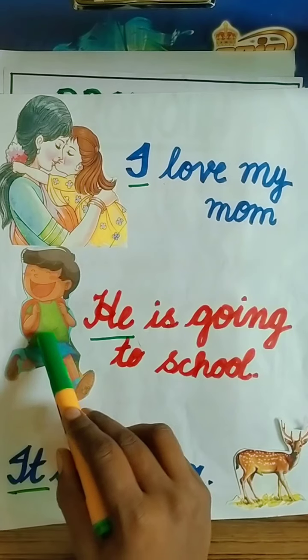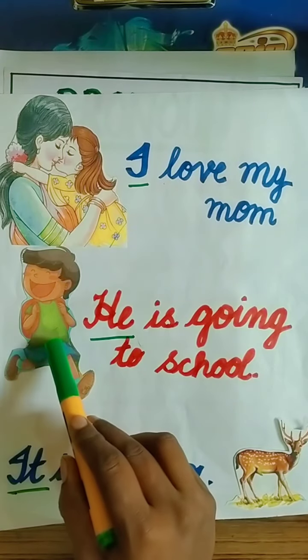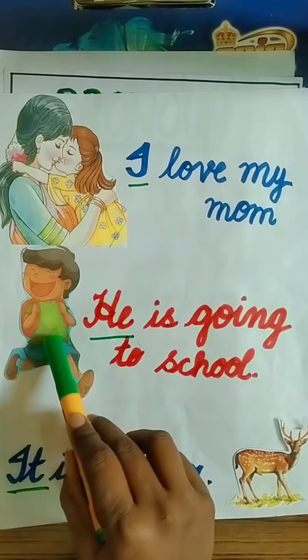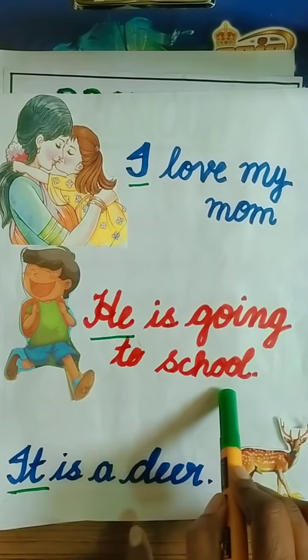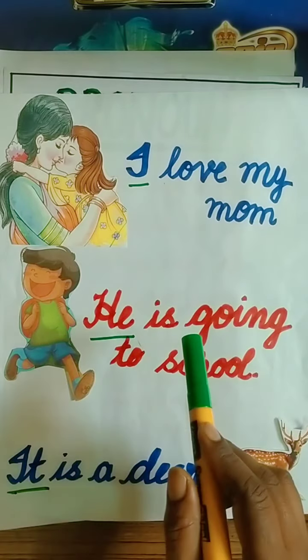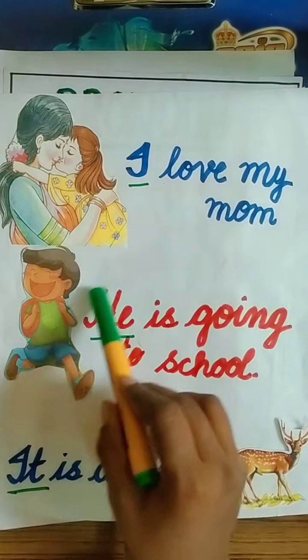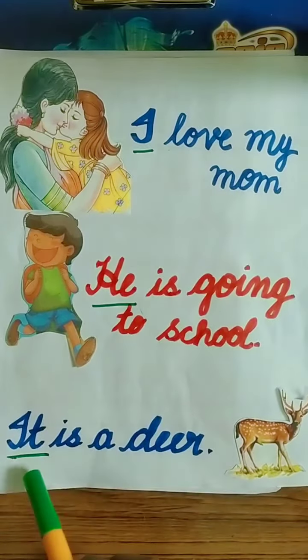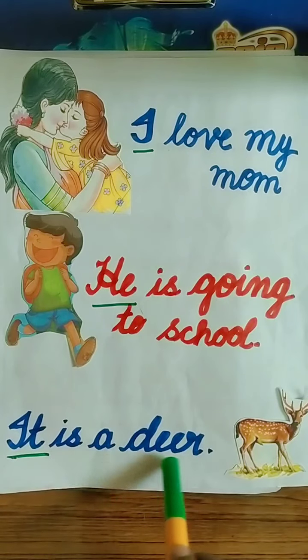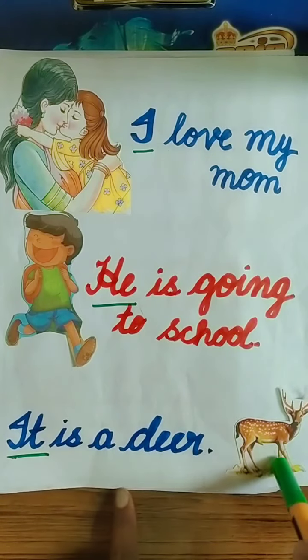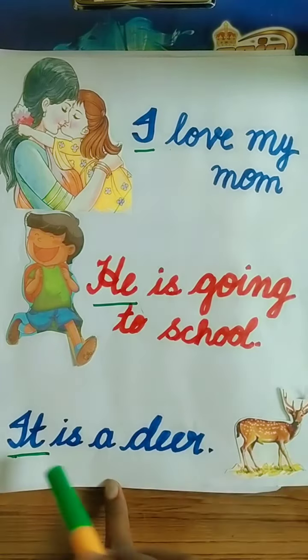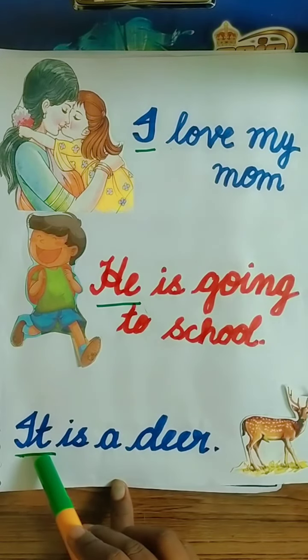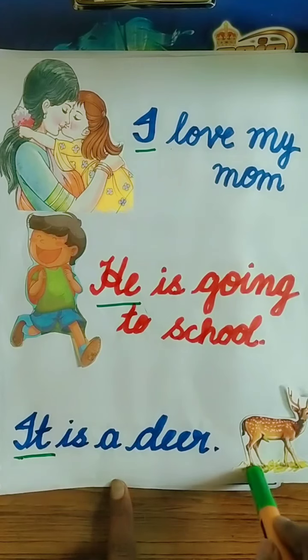He is a boy. So, I can use it as: he is going to school. In place of boy, I am using the word he, which is a pronoun. And the other one is: it is a deer. Deer, in the sense of an animal. It is the pronoun I am using here.